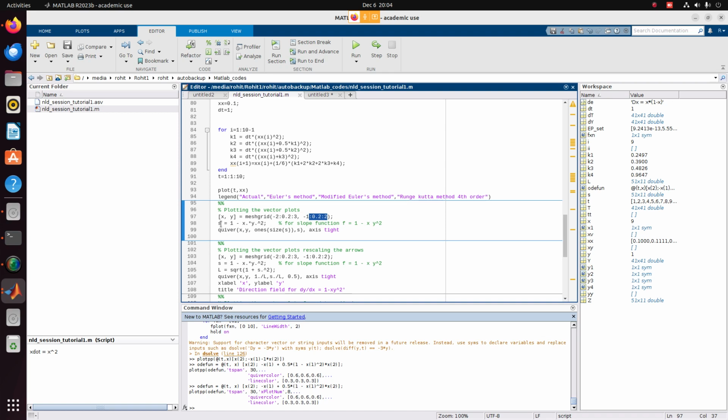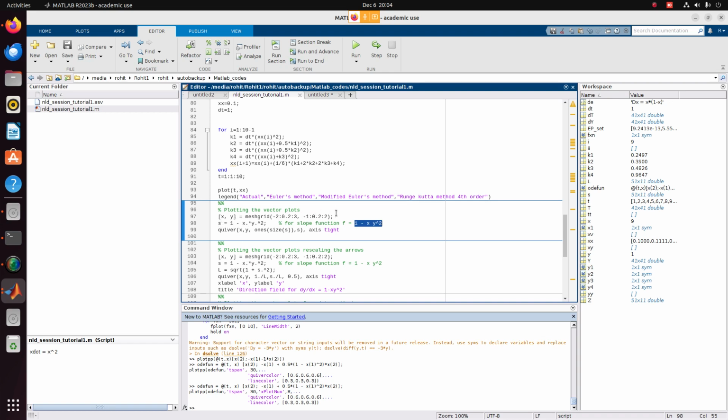Now for plotting the vector field, you need to know the slope at each of these points. We have taken a function f of x, x dot equal to 1 minus xy square. If you take that, we need to find the slope.